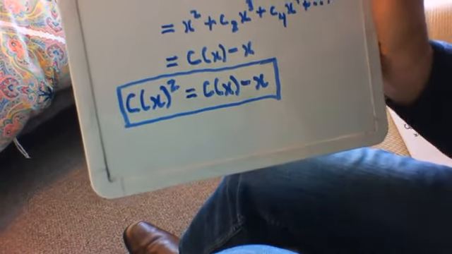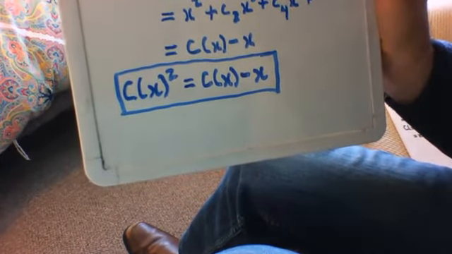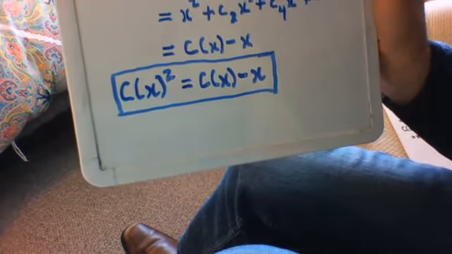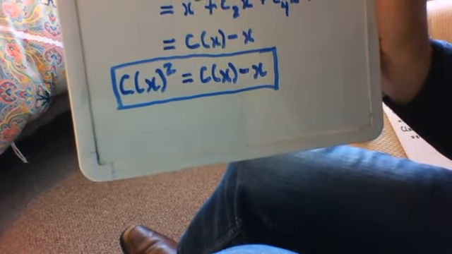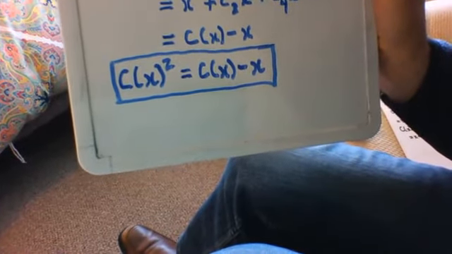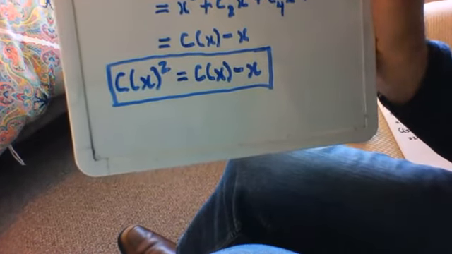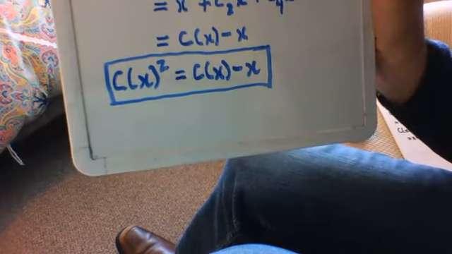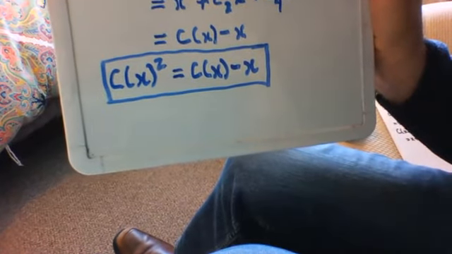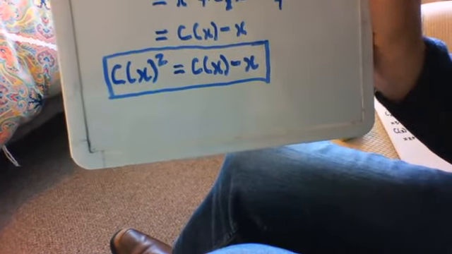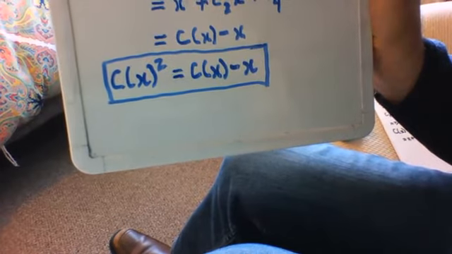I'm going to leave it at that. And you might say to yourself, oh man, this is a cliffhanger. Well, good. It'll make you want to learn more about it. We're going to take this and actually find a formula for the Catalan generating function. And then we're going to take that formula and actually solve the Catalan recurrence relation.